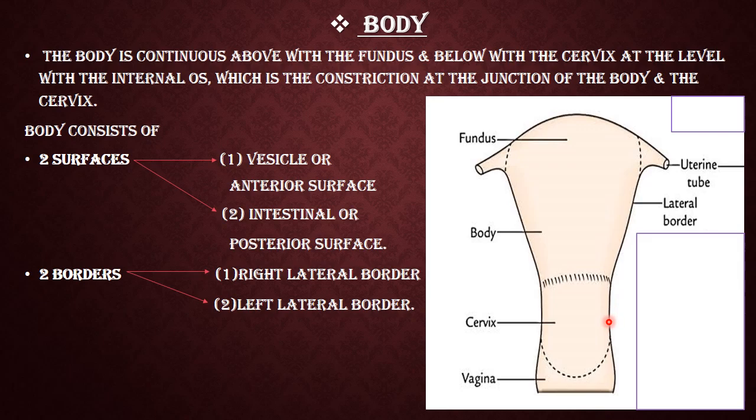It consists of a vesical or anterior surface and an intestinal or posterior surface. It has two borders, the right lateral border and the left lateral border.